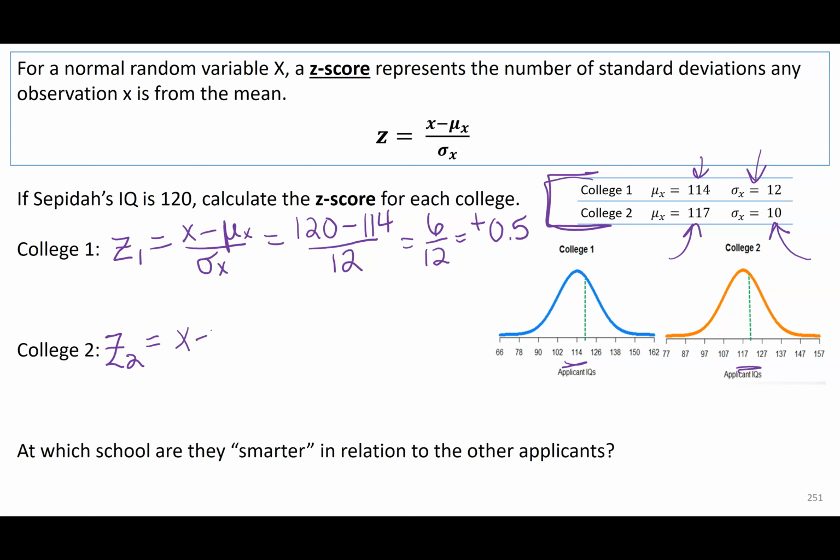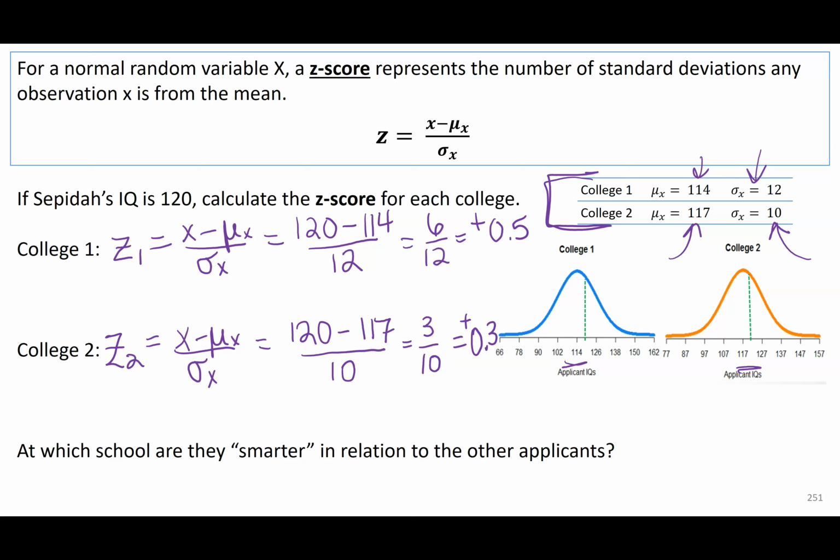So for college 2, I'm going to use z2. It's going to be the same setup, x minus mu over sigma, except I'm going to use the mean and standard deviation from college 2. So it's still 120 minus the average at college 2, which is 117, over the standard deviation from college 2, which is 10. I end up getting 3/10, so 0.3, and I'm going to put a positive there.